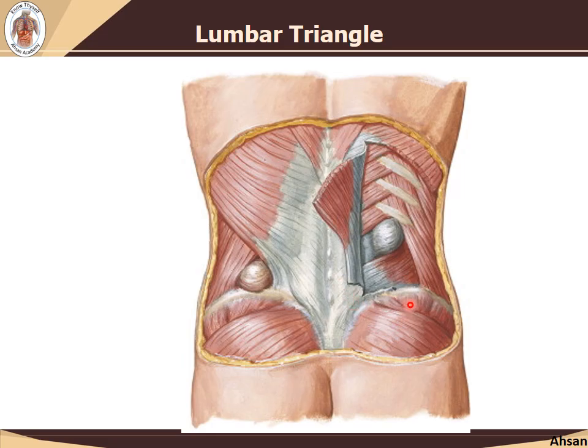Now, if you see from the back, this is latissimus dorsi, which is the back muscle, this is the external oblique muscle, and this is the iliac crest. A triangular area lies here which has a thinner wall. The latissimus dorsi cover is not there, the external oblique is not there, and the iliac crest is here.